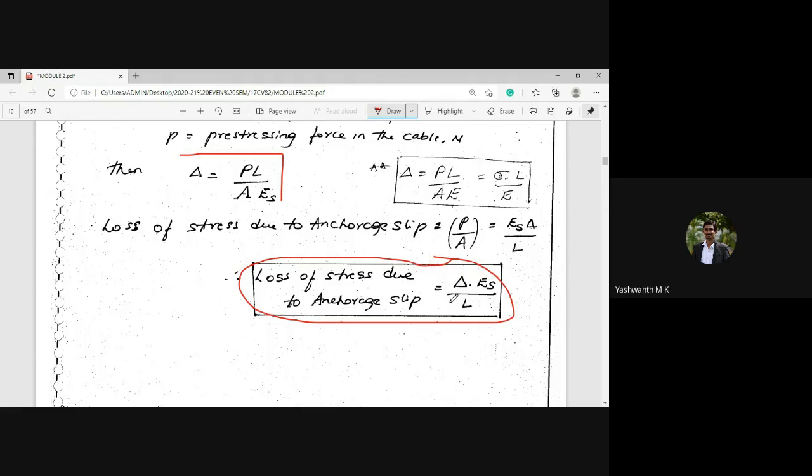This is the codal provision we are going to follow in calculating and designing, which I will use in modules 3 and 4 in particular, but in module number 2 we will also come across certain formulas in IS 1343 2012.